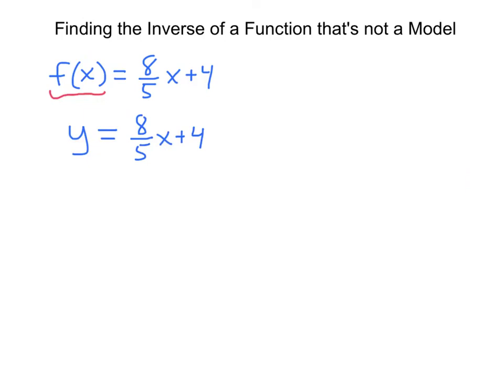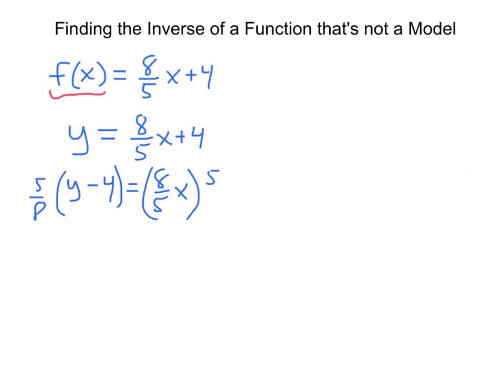So we'll subtract 4 from both sides first. So we get y minus 4 equals 8/5 x. And then to get the x alone, we'd have to multiply by the reciprocal of 8/5. So we'd have to multiply both sides by 5/8. So I'll do that.